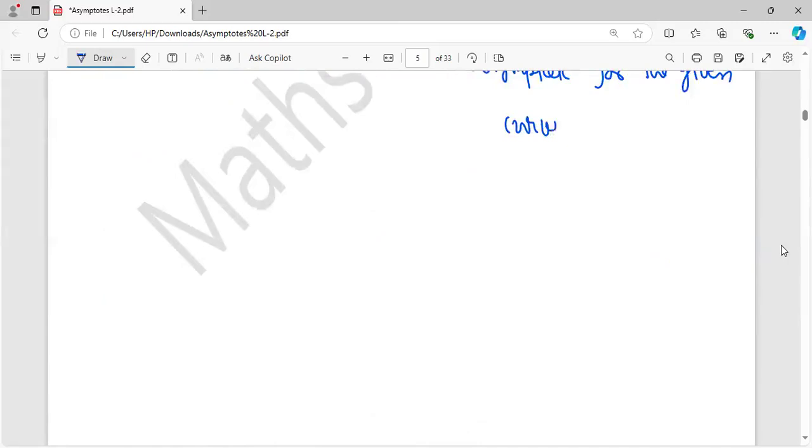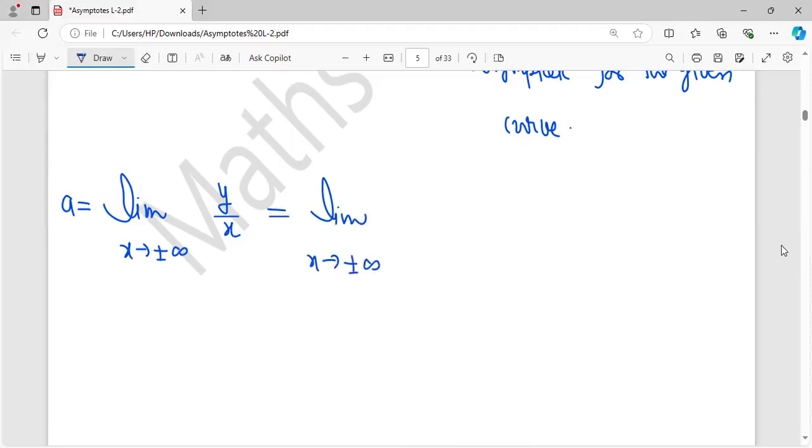Now we need to calculate the horizontal or oblique asymptote. So we have to calculate the limit a = limit x tends to plus-minus infinity of y upon x. What is the y value? x upon under root x² − 4.